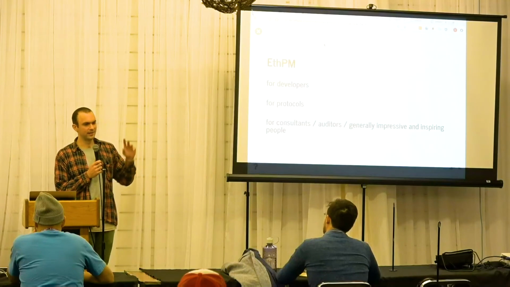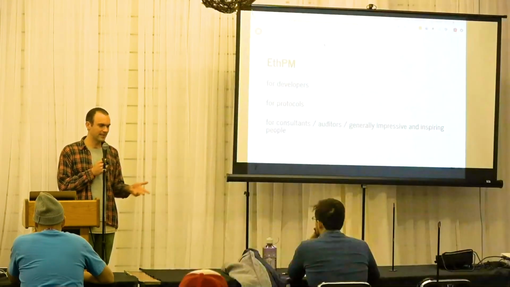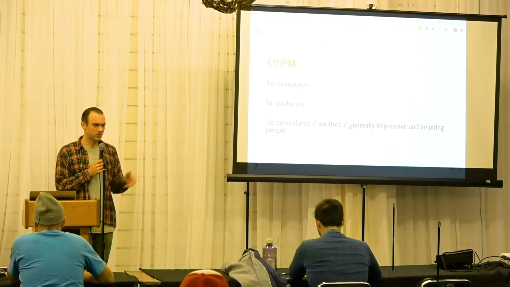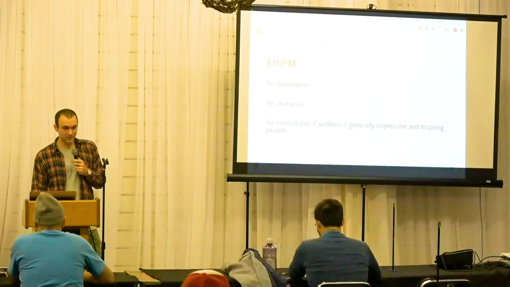If you need an owned contract for some authorization, you just grab it with one line of code from a trusted registry, install it, and then you're good to go. If you're developing a protocol and you want people to build on your protocol, package up your smart contracts and make them available to developers.